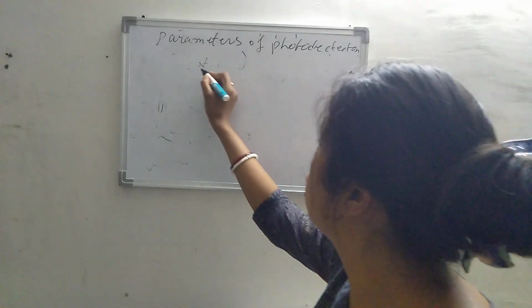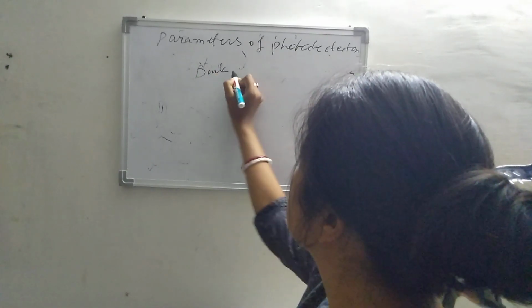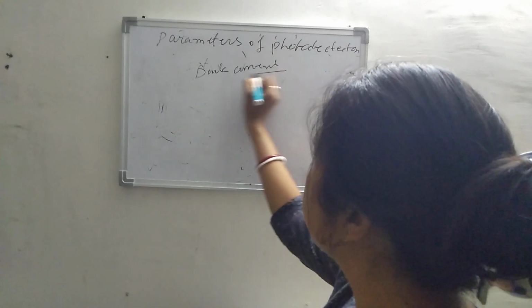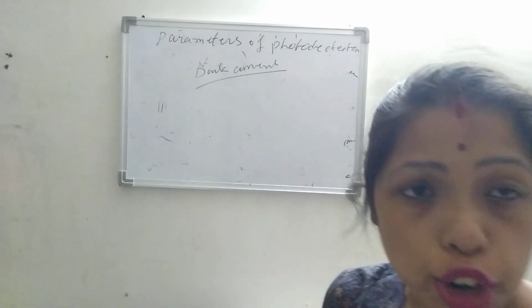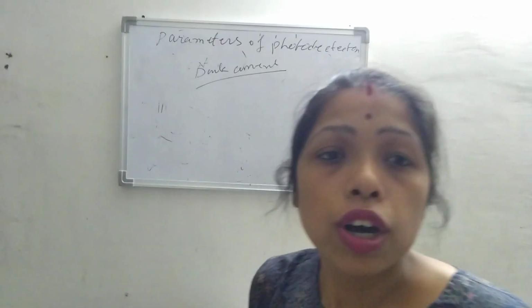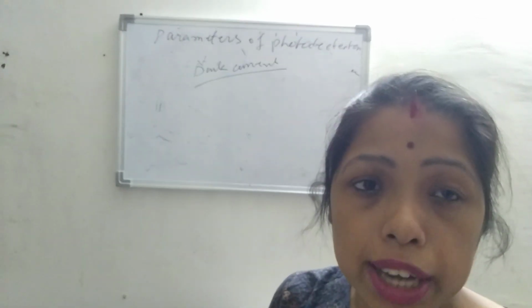Next is the dark current. Dark current is the leakage current inside the photodetector when no light is there, only reverse bias is applied.